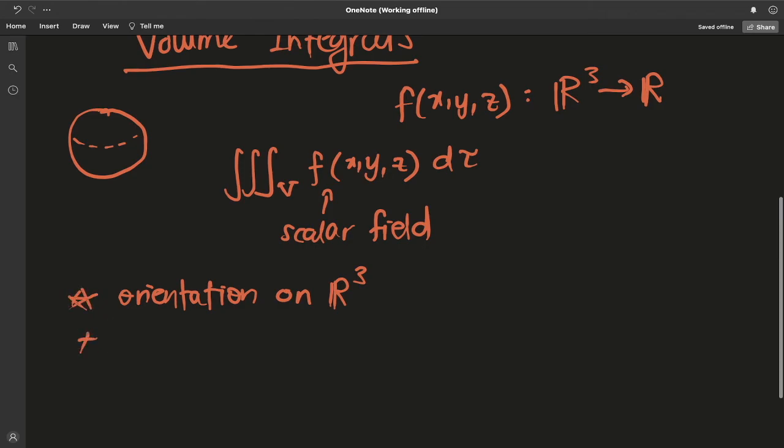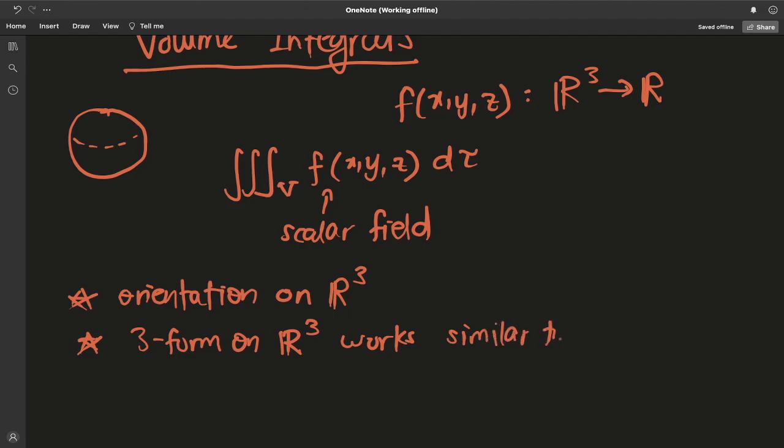Another reason is if you think about integrating differential forms on manifolds, well, the 3-form on R3 works similar to a 0-form on R3.